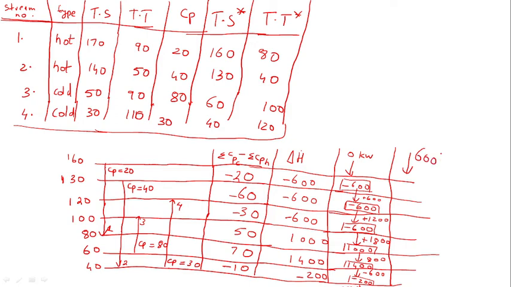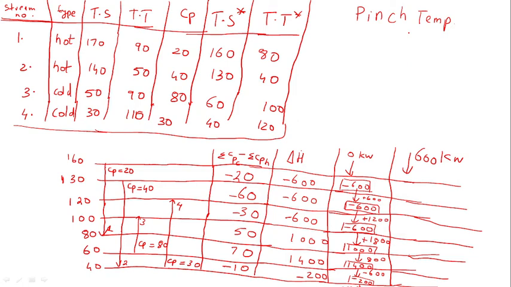So adding 600 kilowatt to the top stream of cascade number 1, this 600 minus 600 we need to do.